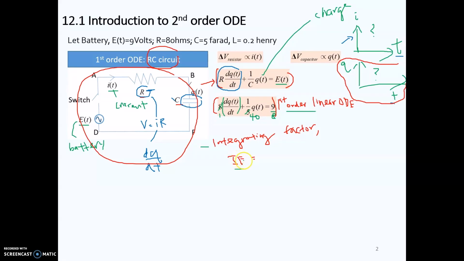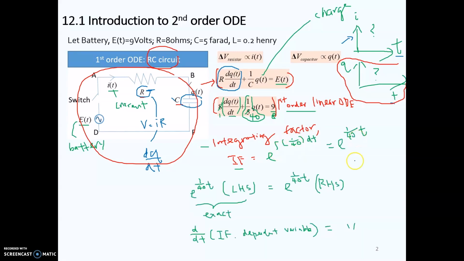Then you can obtain the integrating factor equal to exponential power of integration of the second coefficient here, which is 1 over 40. And then you need to integrate this coefficient with respect to the independent variable. So you should obtain the integrating factor to be this answer.